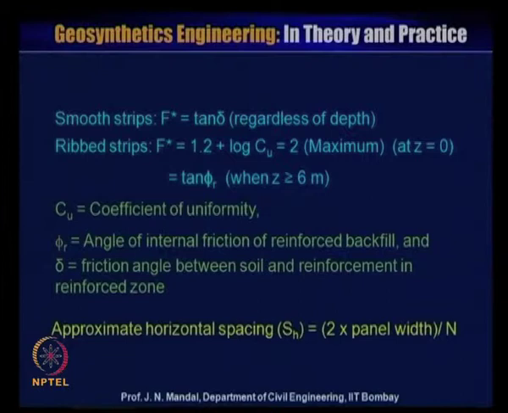If it is a rib strip, F star will be equal to 1.2 plus log of Cu, with 2 as the maximum at Z equal to 0, and equal to tan phi r when Z is greater than or equal to 6 meter. Cu is the coefficient of uniformity and phi r is the angle of internal friction of the reinforced backfill.